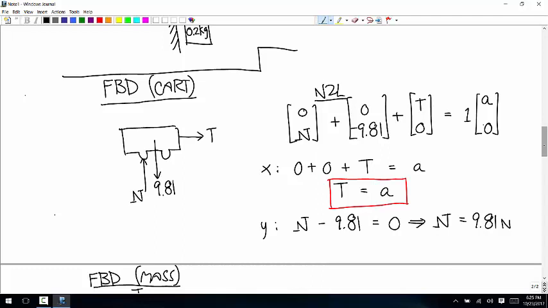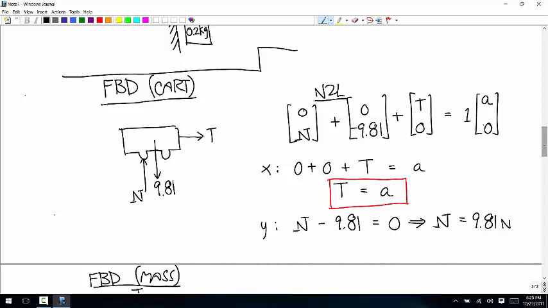Because think about this being a positive number. That means the acceleration of the cart is going to the right. And that means that the acceleration of the mass has to be in the negative y direction. Any questions about that?